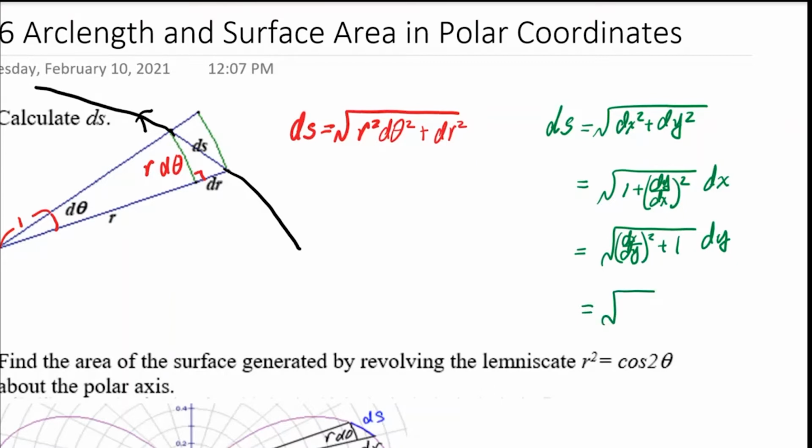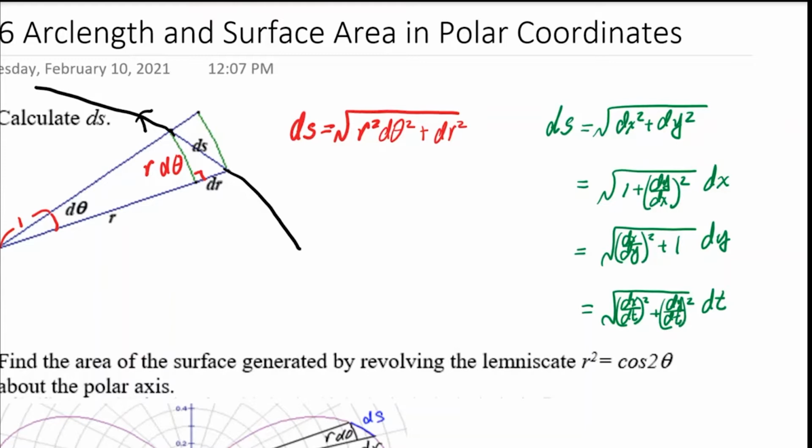Or lastly, we did this, dt in parametric, just a few sections ago. And then this becomes dx over dt, also known as velocity x component, squared plus velocity y component squared. You know what I'm saying? This is what's called the speed in parametric, in vector functions.